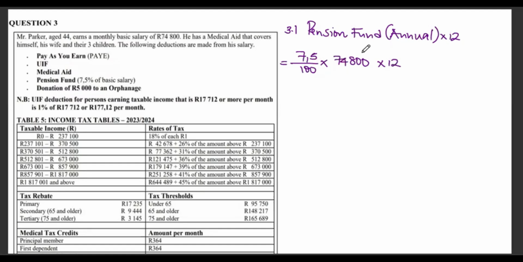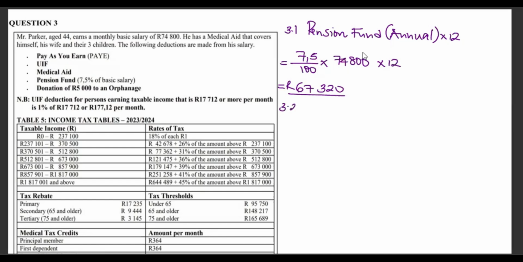So here we end up with an amount of 67,320. This is the annual pension.